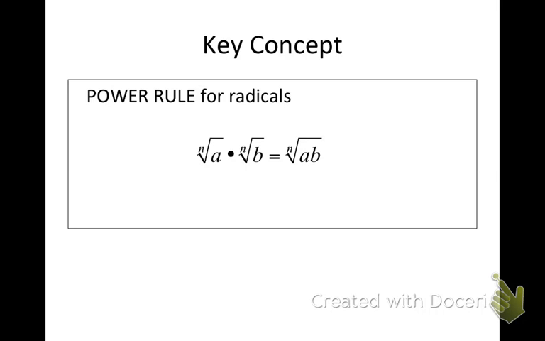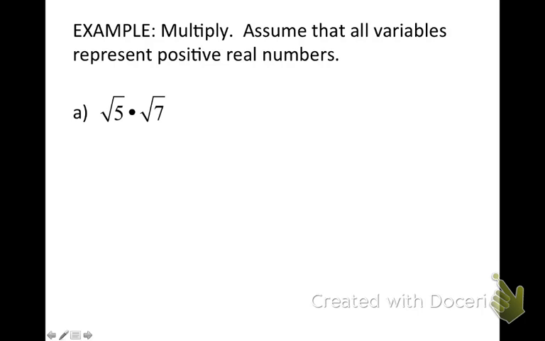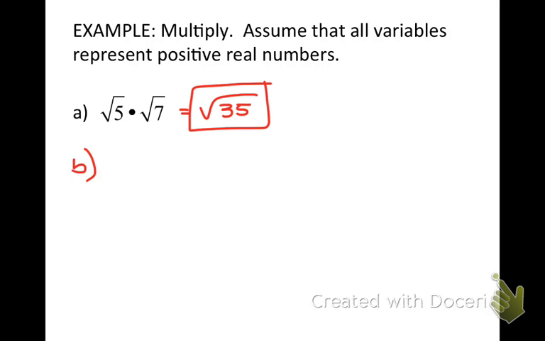Okay? All right, so for our first example, we're going to start out pretty simple. We've got the square root of 5 times the square root of 7. What would that get you? The square root of 35. Done and done. I'm just going to keep going on the same screen here instead of flashing back and forth.